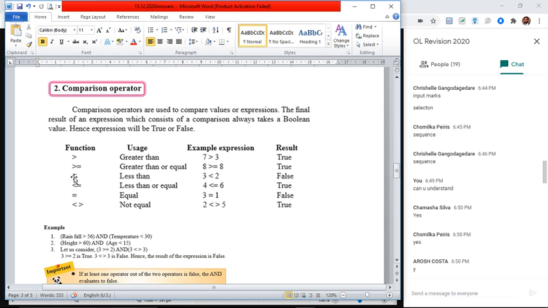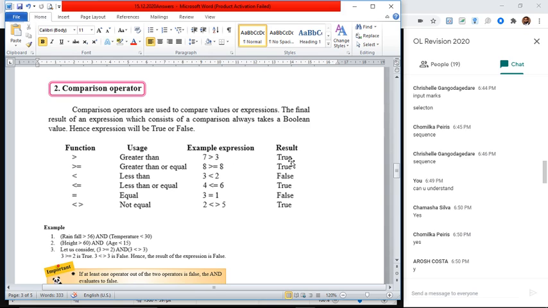Comparison operators, we are going with this one. Greater than, greater than or equal, less than, less than or equal, not equal. So 3 equal 1, false. So it will give the result as true or false. මතක තියාගන්න. එතකොට comparison operator එක පාවිච්චි කරොත්, they are giving the result as true or false. 7 greater than 3, yes, correct.